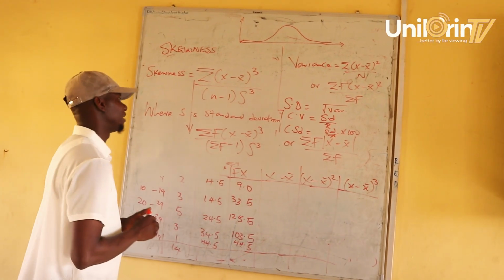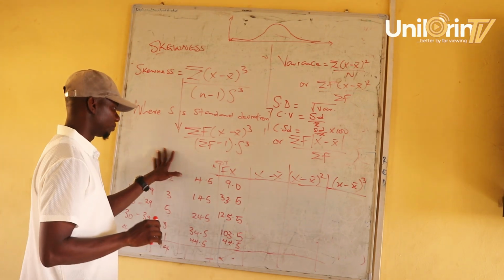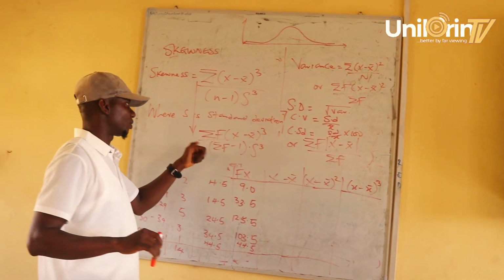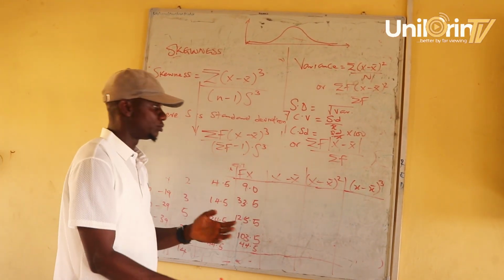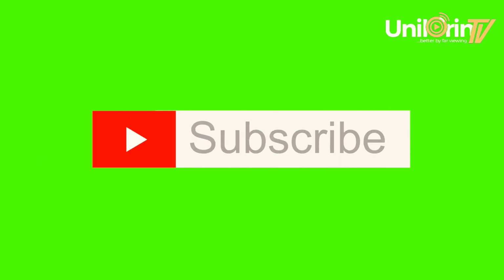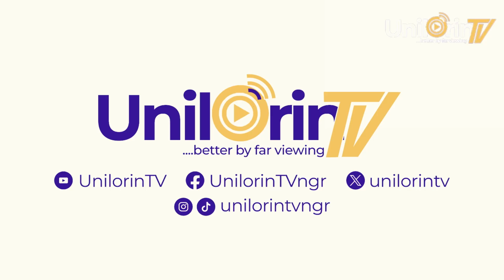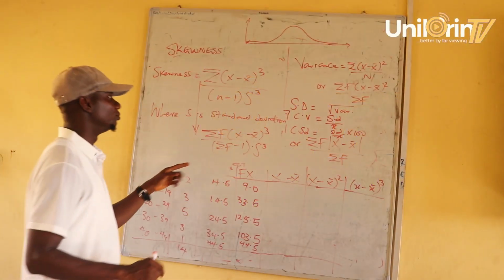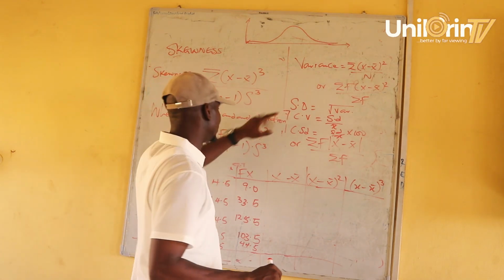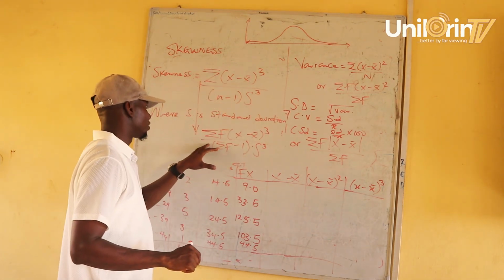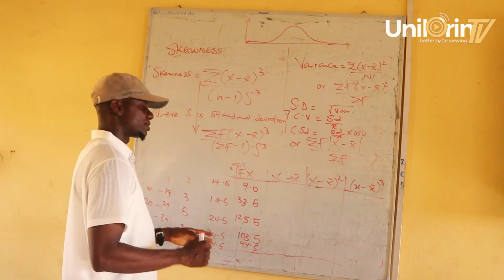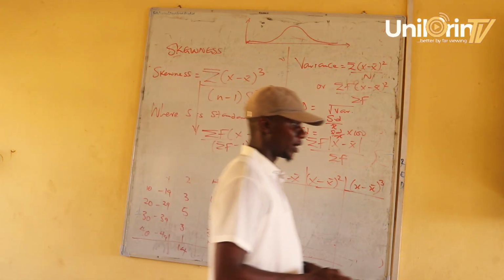So you get x minus x bar cubed by doing the difference once and multiplying the answer by itself 3 times. S cubed comes from your standard deviation, multiplied by itself 3 times. Summation f minus 1 is the frequency with 1 removed.